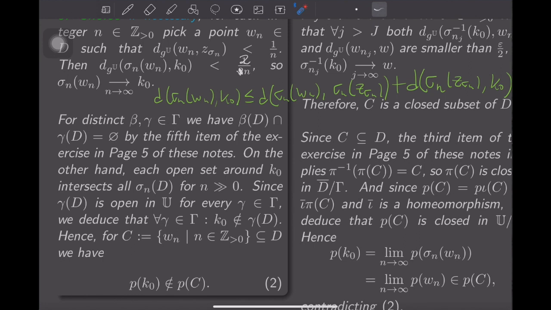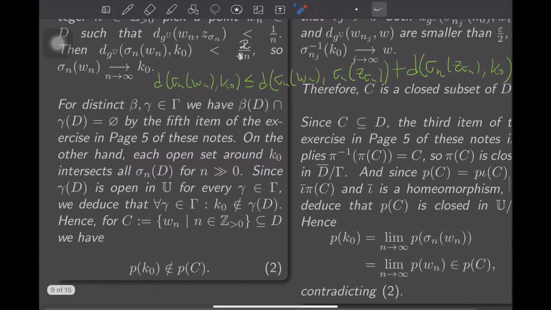If you give me any open set around k naught, doesn't matter how small, that open set will end up swallowing all of this, right? Because this tends to k naught. So that open set, no matter how small, is going to intersect all of these for sufficiently large n. All of them. Right?